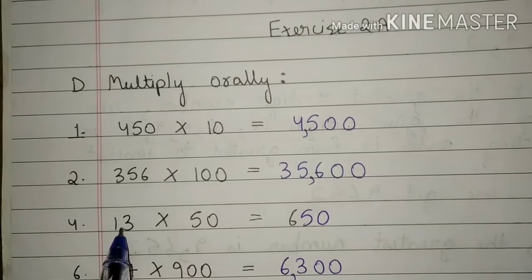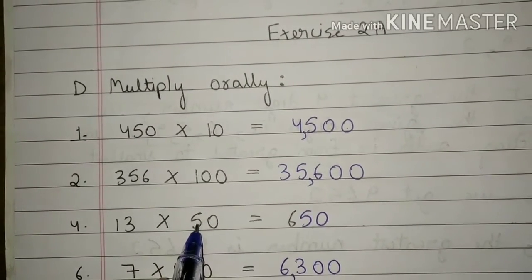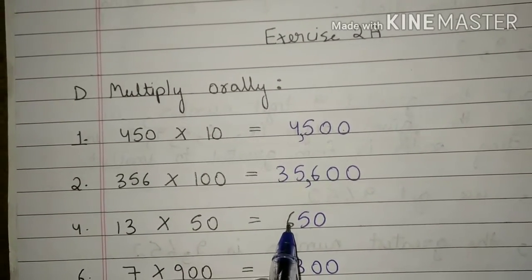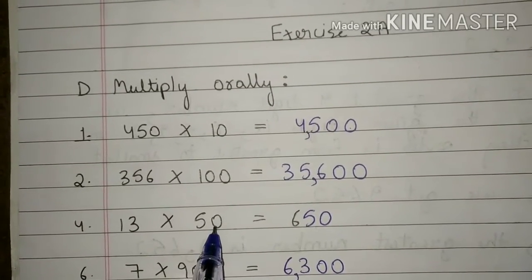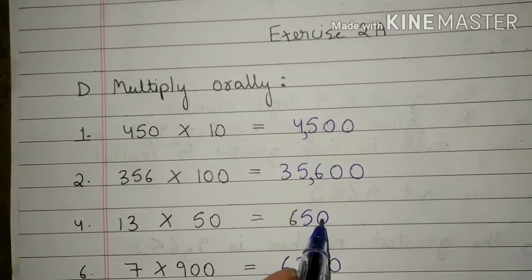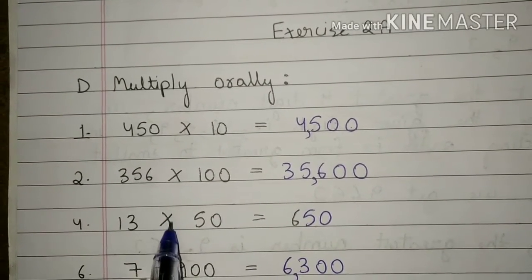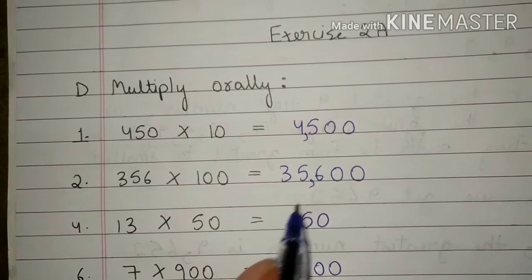So 13 multiplied by 5 will give 65. So we will write 65 here. Students, here 0 is written. So we will write 0 here also. Now 13 multiplied by 50 will give 650.